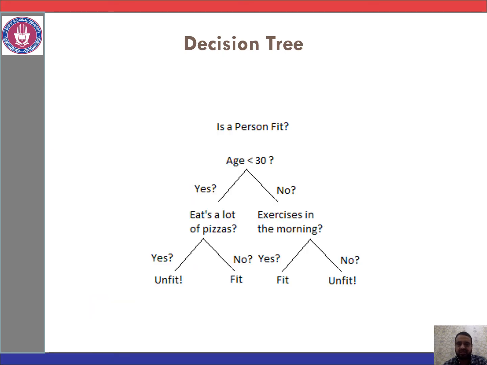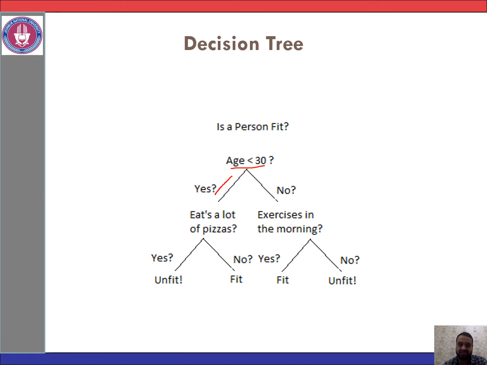Now, to further elaborate the decision tree classifier, suppose we want to find the fitness of a person. So in the root node we are first checking his age. This is the first feature, the main feature. And if the age is less than 30, if it is yes, then whether he is eating a lot of pizzas or not.